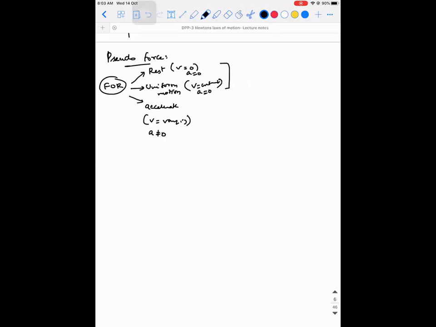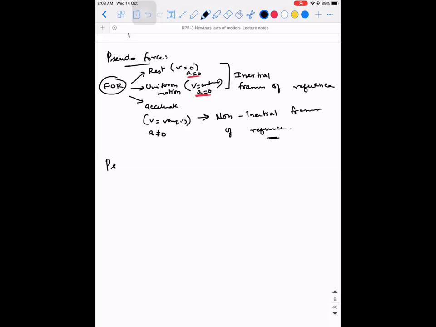So that is why I'm stressing on the point again. The frames of reference which are not accelerating are called inertial frames of reference. And the frames which are accelerating are called non-inertial frames of reference. Are you guys able to understand this too?